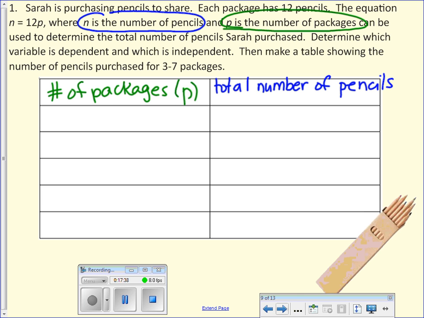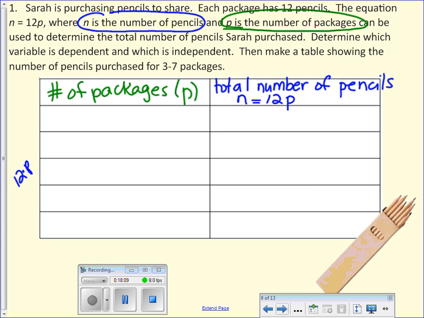And the total number of pencils, which is N, equals 12 times P. So I don't know my number of pencils until I take my packages and multiply it by 12, because there's 12 per package. 12p. 12p means 12 times p, which means 12 per package. Per means multiply.